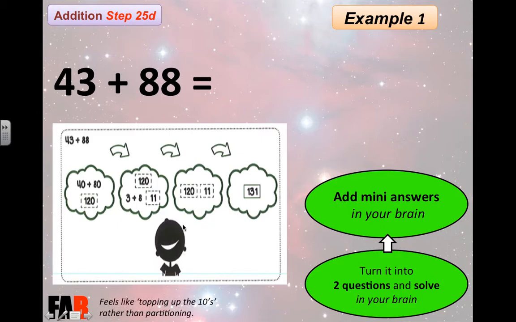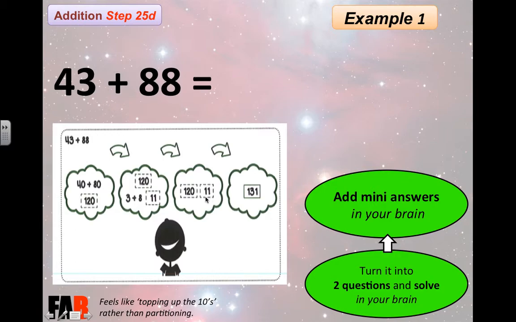Adding these together feels more like topping up the tens, so it's like 12 tens plus 1 ten equals 13 tens, or 120 plus 10 equals 130. Then I add the 1, so 130, 131. Now remember, this units number here cannot be any bigger than 18, because the biggest possible one digit plus one digit is 9 plus 9 equals 18.